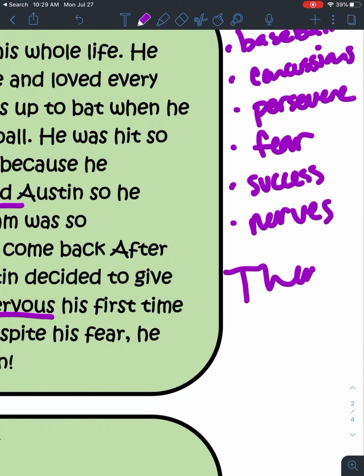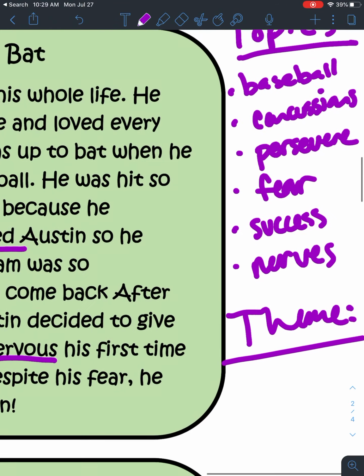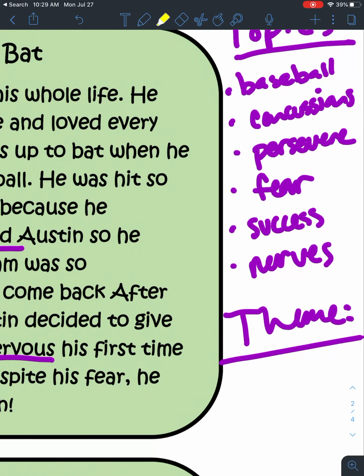When I get down to theme, I'm going to pick one of those topics that I think is a really strong one for this story. So for this one, let's say it's the idea of fear.